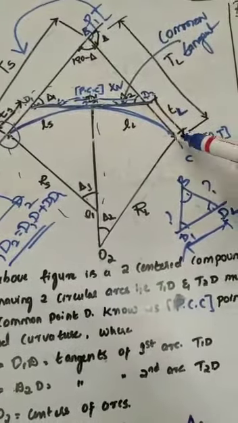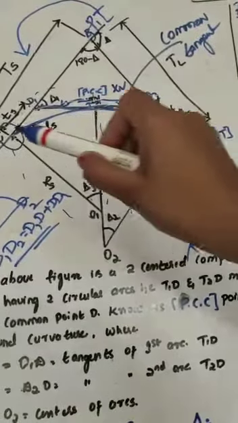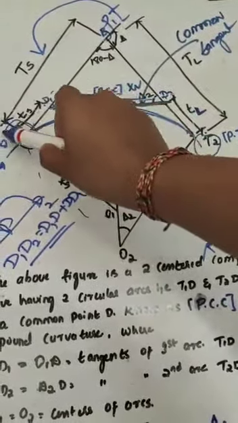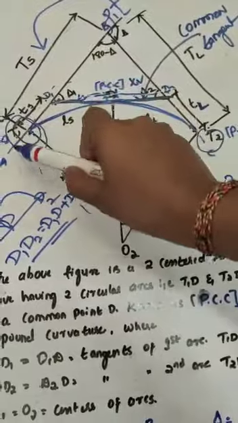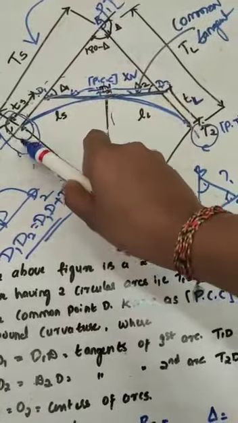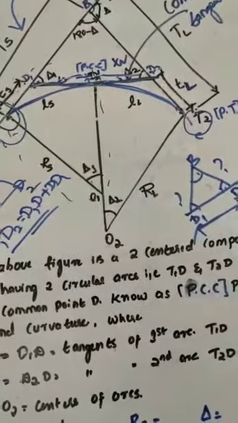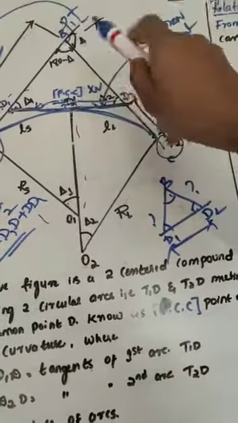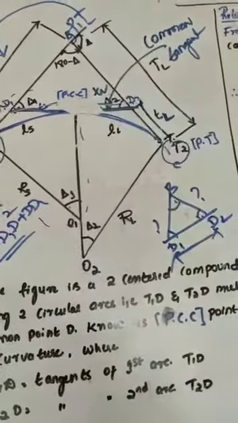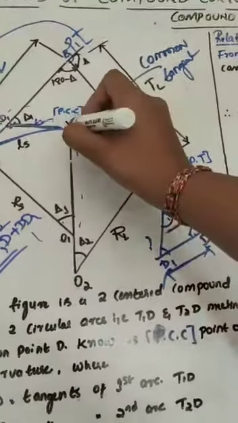Then if we want the chainage at T2, once we get the chainage at T1, we add this. Before finding chainage at T2, we will find chainage at D.